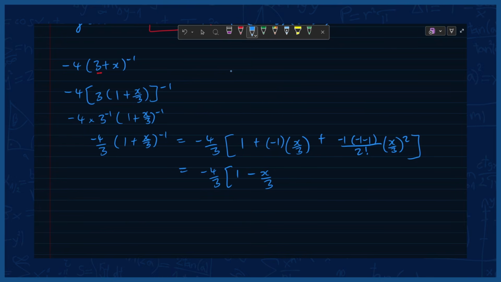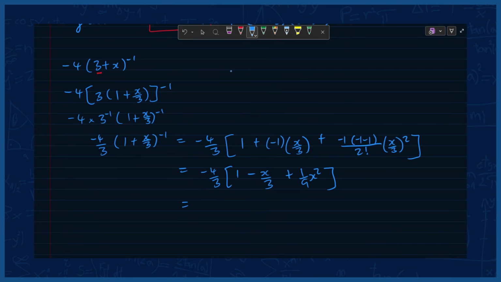So I'm going to get a 3 squared on the denominator. So I'm going to end up having 1 over 9 that I'm multiplying by here, and so that means this whole thing becomes 1 over 9 x squared.